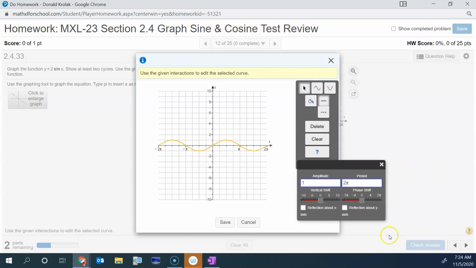And now what characteristic do I have to change on it for mine? Okay, so amplitude of 2. Okay, anything else? Nope. There you go.